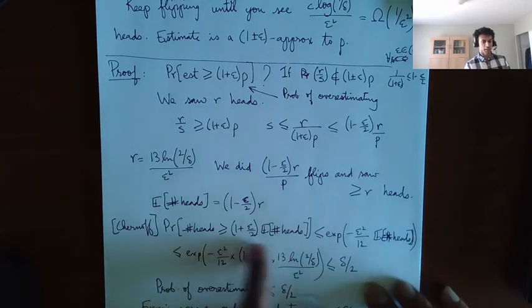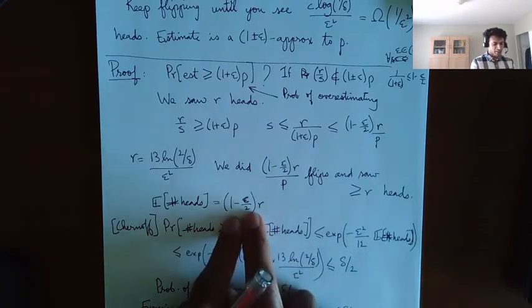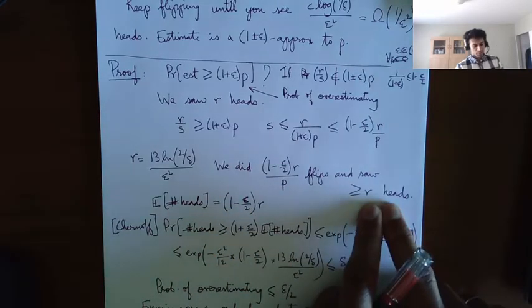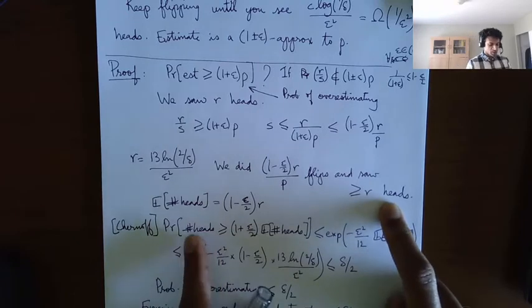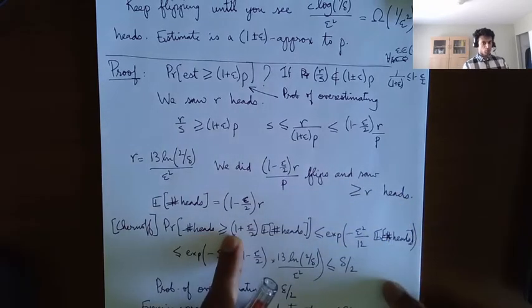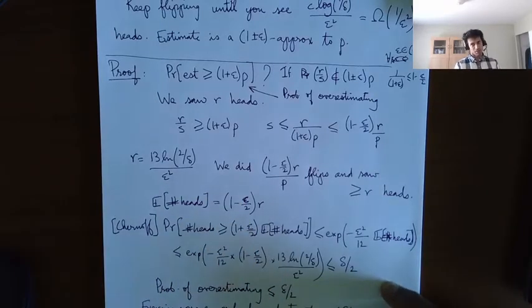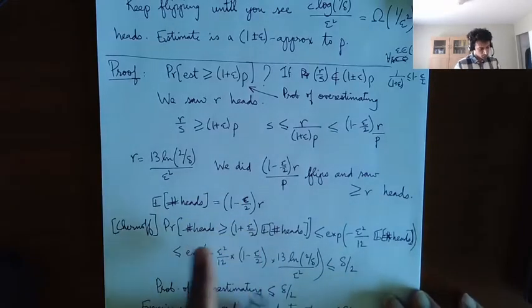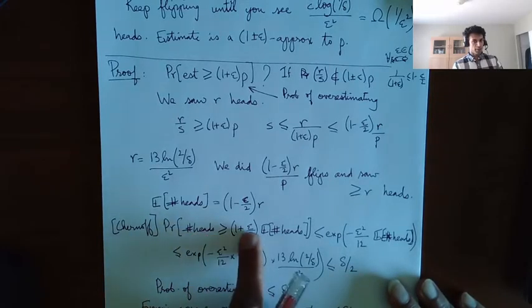I haven't done all the algebra here. But if this is the expected number of heads, and that's how many heads you actually saw, that means you saw the event where the number of heads was more than (1 plus epsilon) over 2 times the expectation, because the product of these is 1 minus epsilon squared. So this is the event that the number of heads you saw was much more than the expectation.